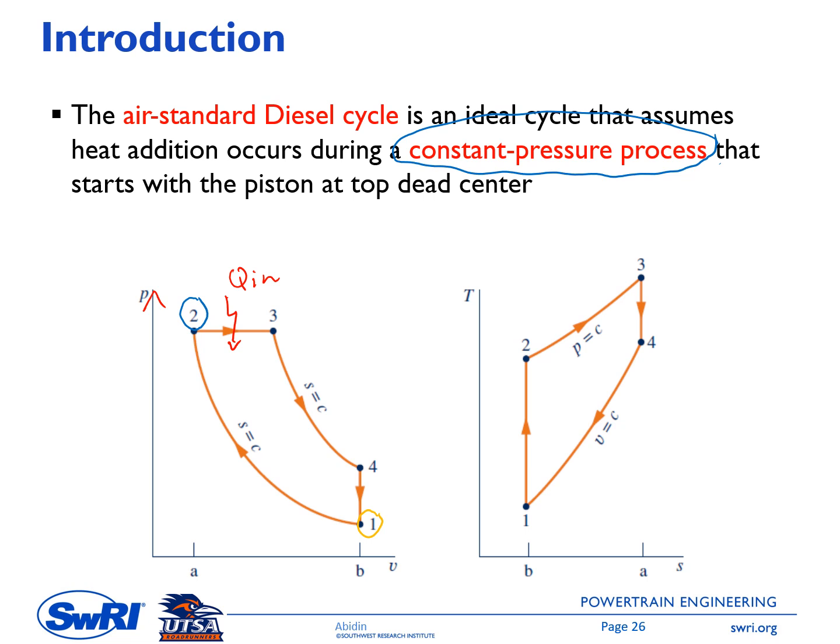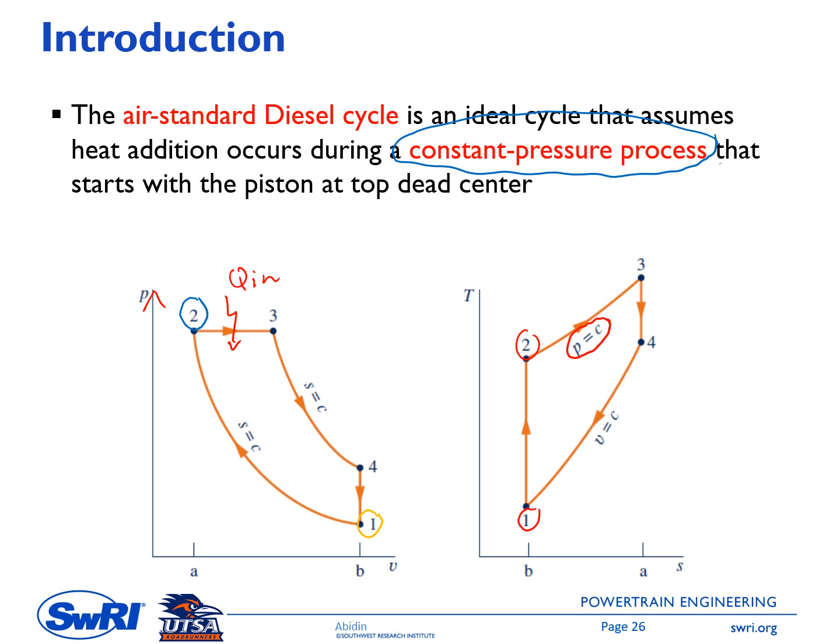And then the TS diagram is on the right side. So we have point 1 and then point 2. This occurs at constant pressure, so P equals constant. And then from 3 to 4 here is the expansion process. If you look back at the PV diagram here, during the heat addition, the system also does work from point 2 to point 3, and then 3 to 4 is the continuation of the expansion work.